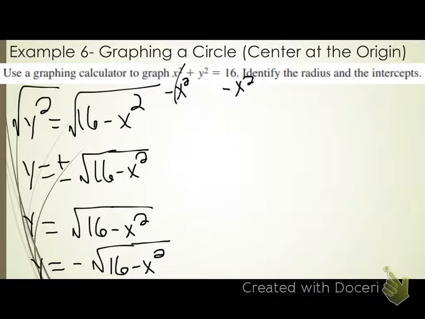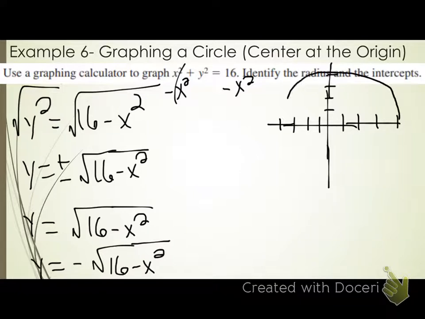After you type that in and click enter, you should get a half circle. You should get a graph that looks something like that. A little better than what I drew, but you should get a half circle after typing that first one in.